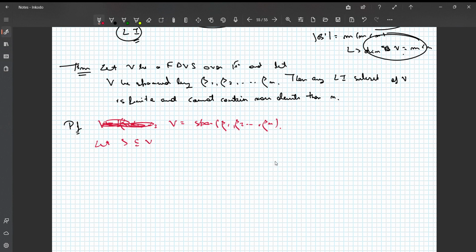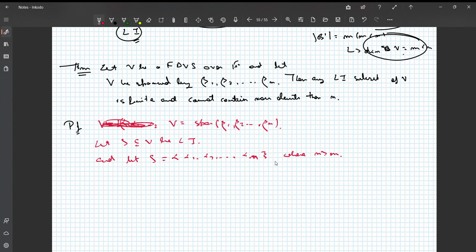Now let S in V be linearly independent and let S be alpha 1, alpha 2 till alpha n, where n is greater than m. First thing first, V is a finite dimensional vector space, and we are considering a set S which is linearly independent with certain n number of elements, where n is arbitrarily greater than m.